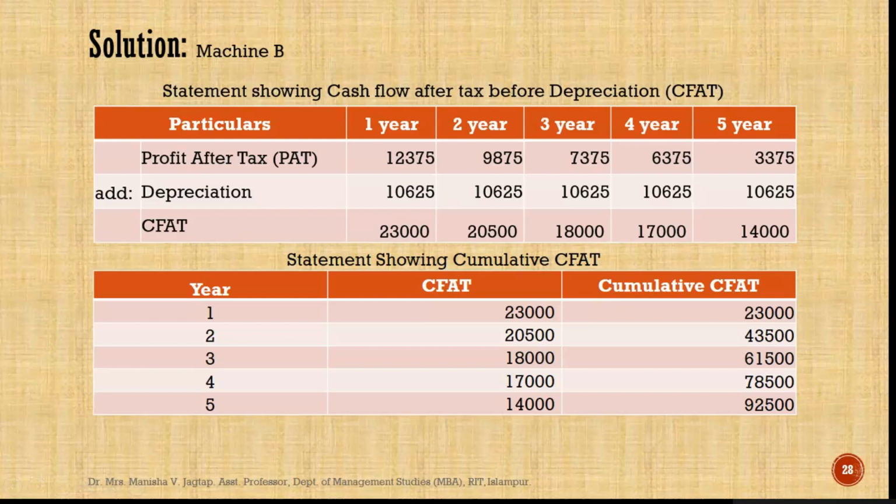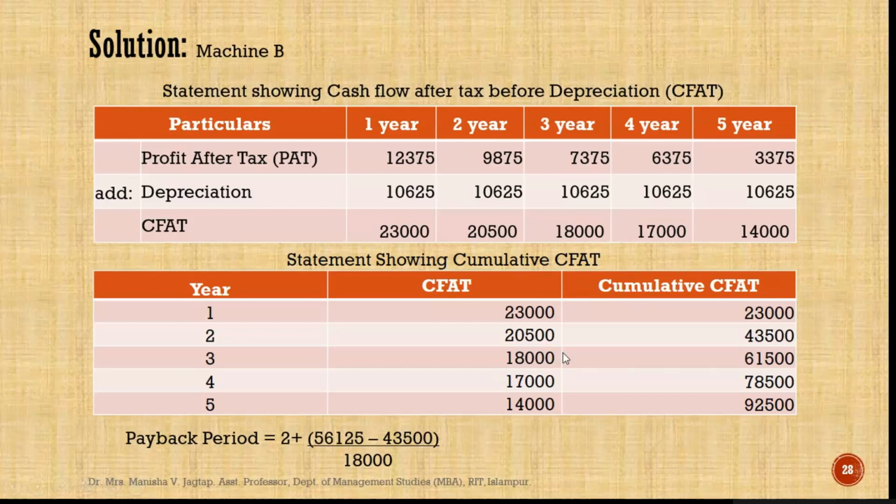So let us apply a formula. Payback period is equal to 2 plus 56,125, which is the original investment or initial investment, we can say, minus 43,500, that is the cumulative amount which we are getting at the end of second year, divided by annual cash flow of third year, that is 18,000.